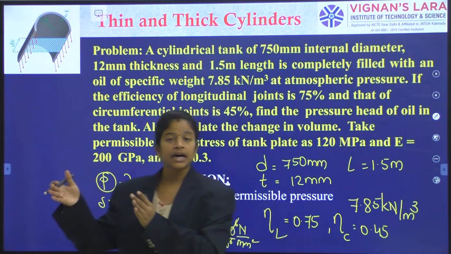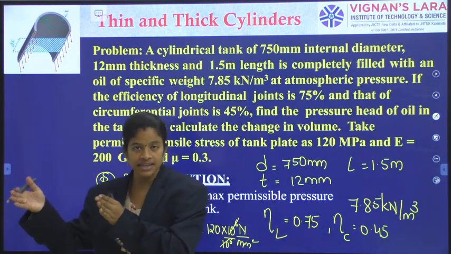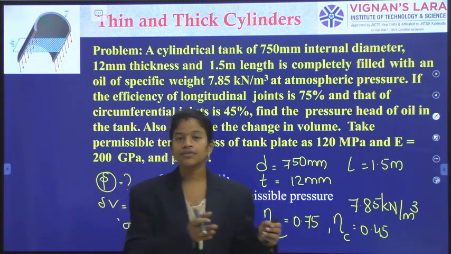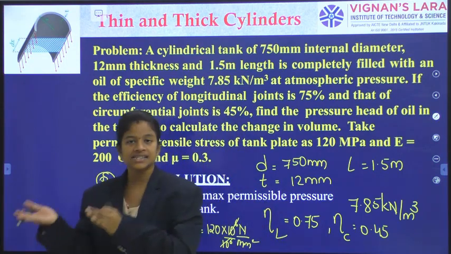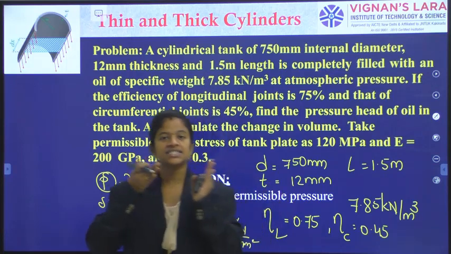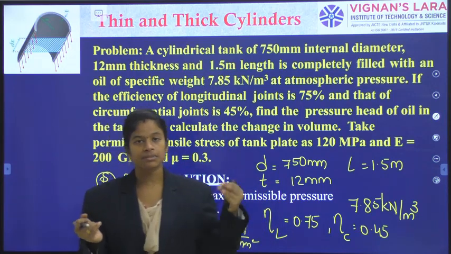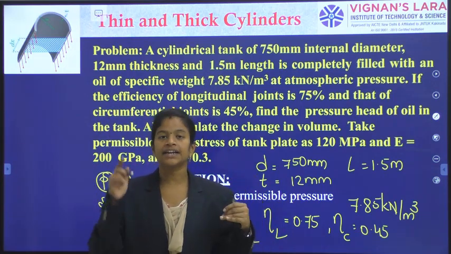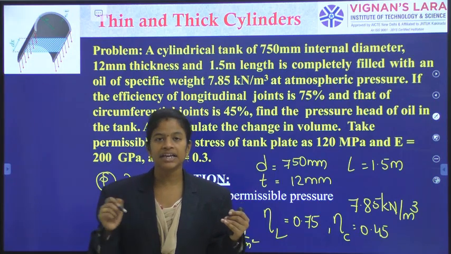So from the fluid pressure, what is the stress generated in the metal, that is sigma C and sigma L. Those we calculate using PD by 2T and PD by 4T.